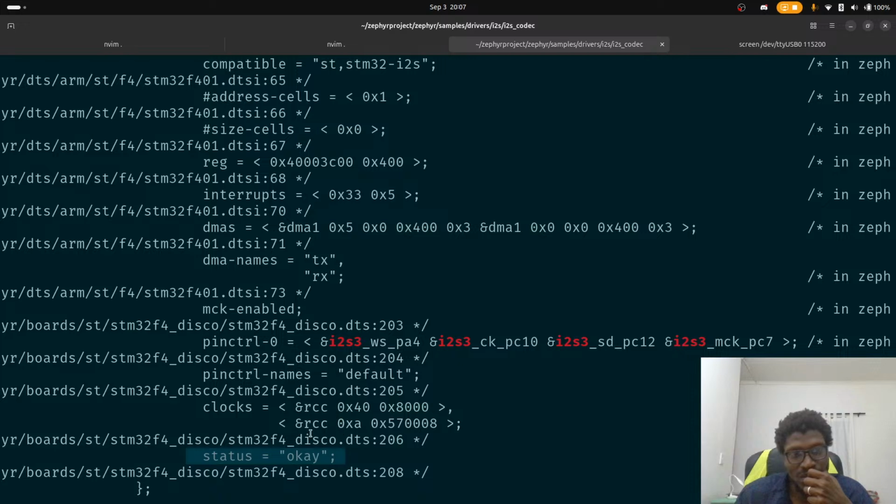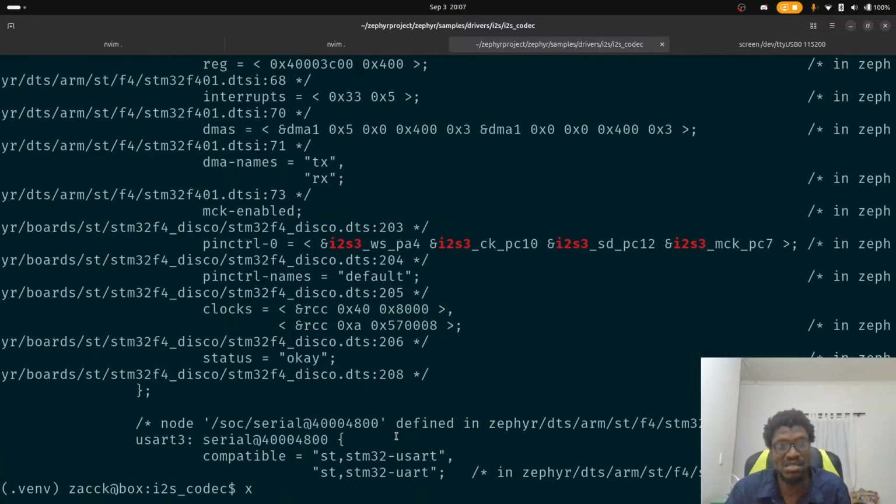But this is from the STM32F4 file, so boards, Zephyr, boards, STM32F4 Disco DTS, line 206.